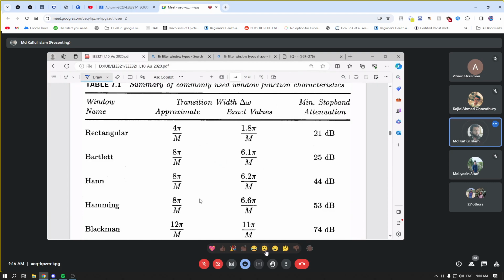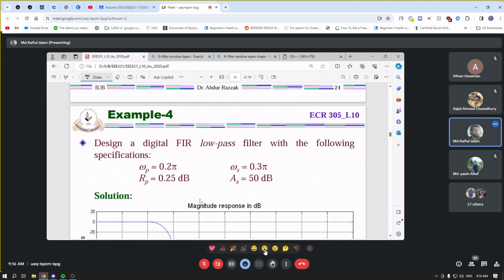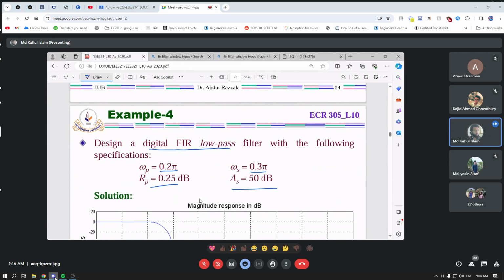Let's say that I have to design a filter with a certain requirement like this. Design a FIR low pass filter with these specifications. Okay. So in this case, the AS is directly given, right? What is my delta omega?